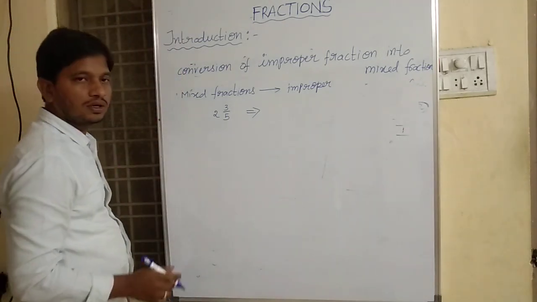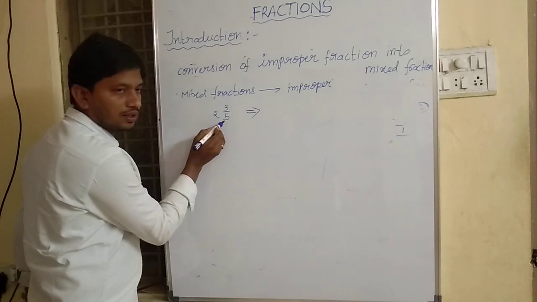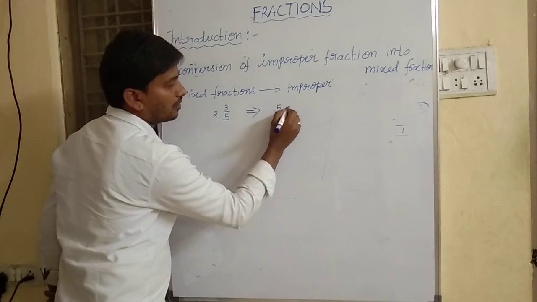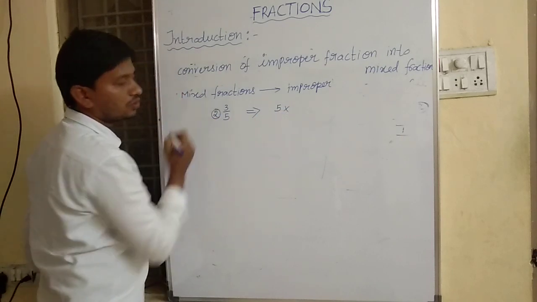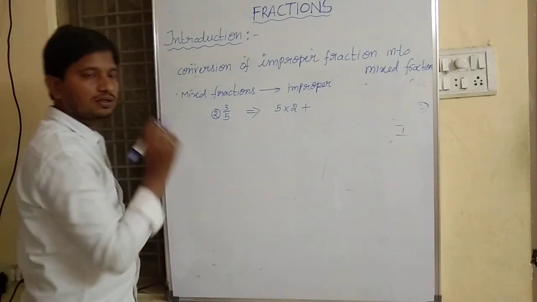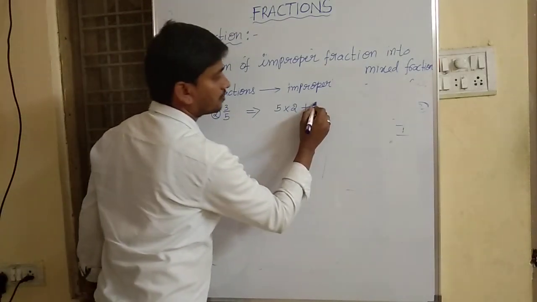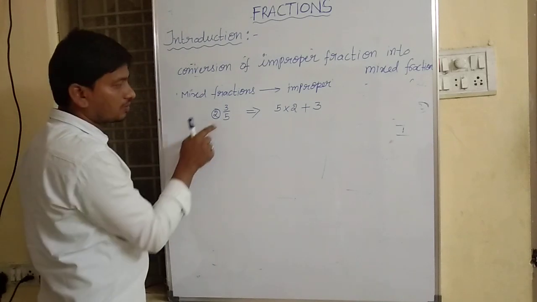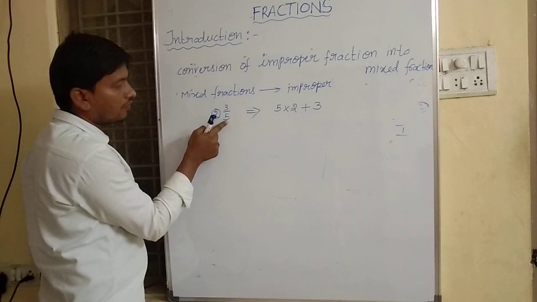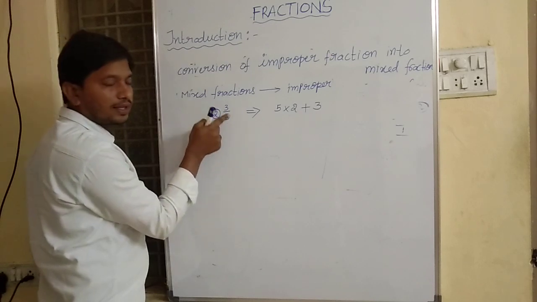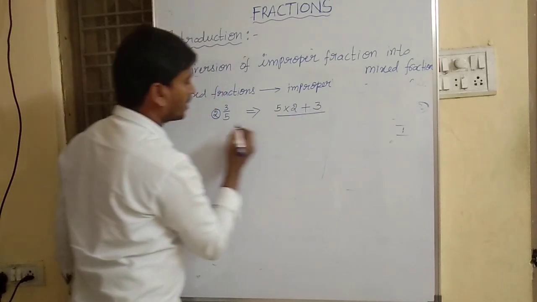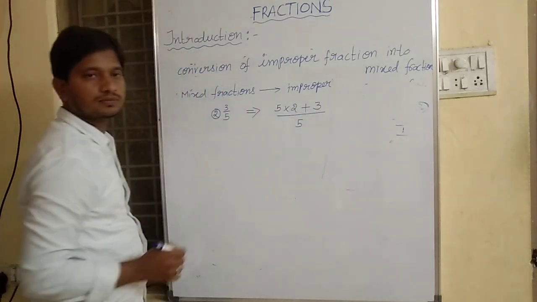Listen carefully. We have to multiply the denominator 5 with the whole number part 2, that is 5 into 2, and then add the numerator 3, divided by 5.